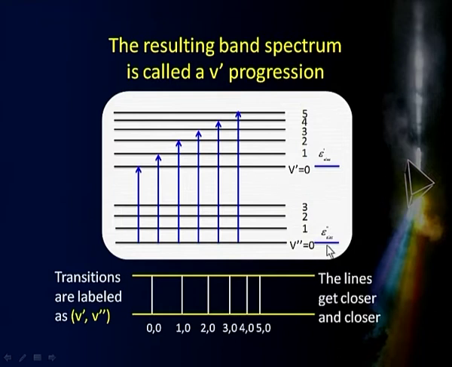Now, if you look here, visually speaking, I find that the difference of energy of this level and this level can be seen as the difference in energy from here to here. That means this basically is my E prime minus E double prime. So, that is this difference here, plus I can move from here to here. So, that will be equal to V prime equal to 5 minus V prime equal to 0.